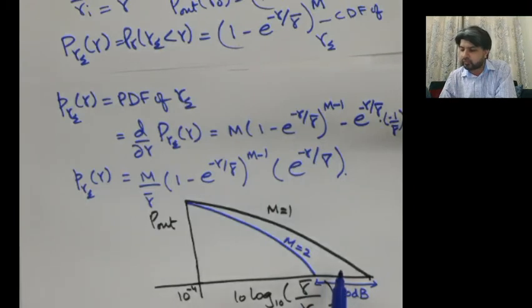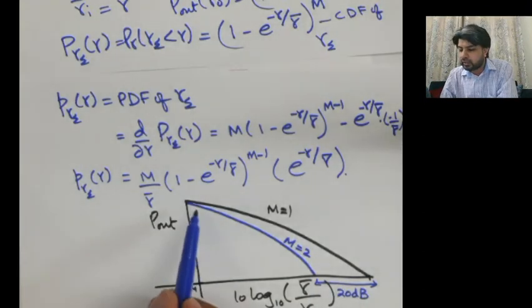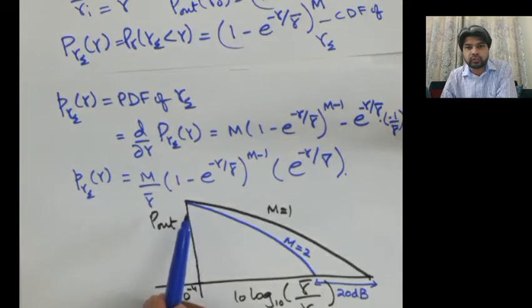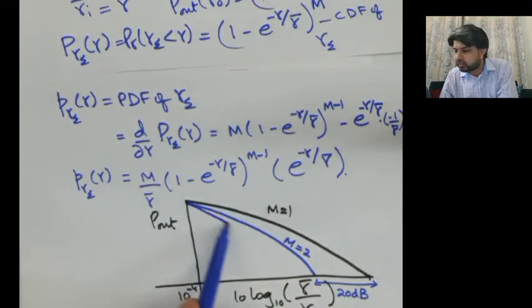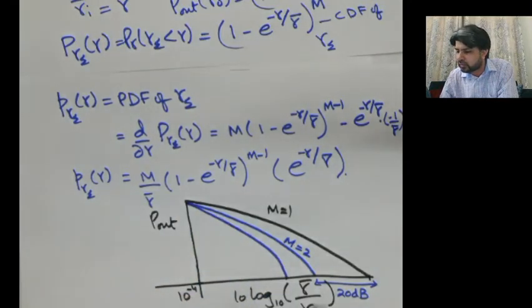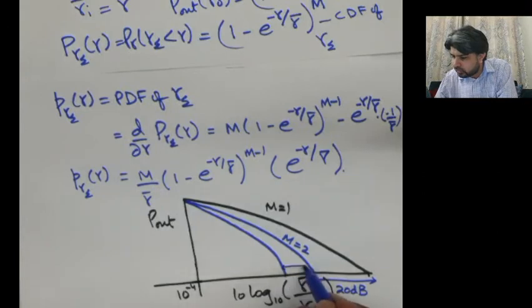Of course, you're talking about Rayleigh fading and outage probability here. And then as you move from m equal to 2 to m equal to 3, you get a further gain of 7 dBs here.